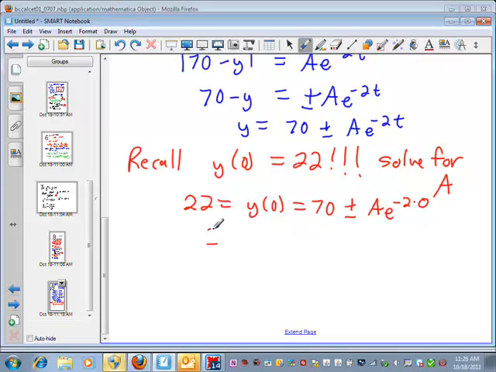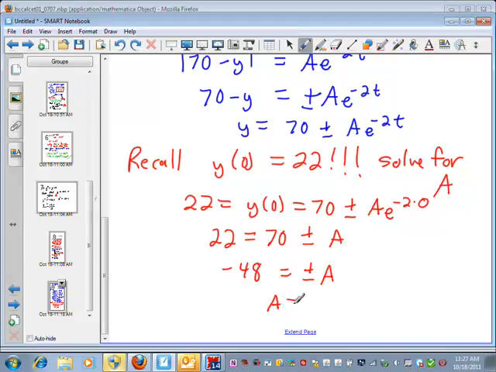So 22 equals 70 plus or minus a. But so what is it? So minus 48 equals plus or minus A. Now at the beginning, the temperature has to be 22, right? And so that means A has to be negative 48.